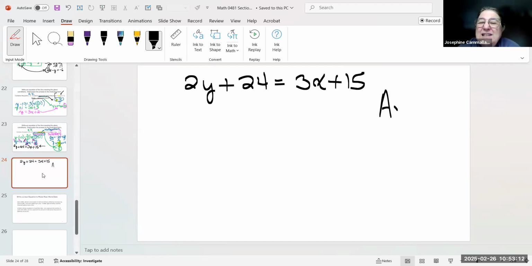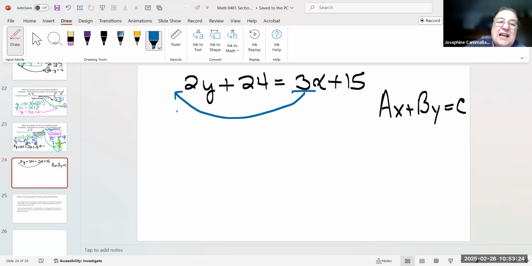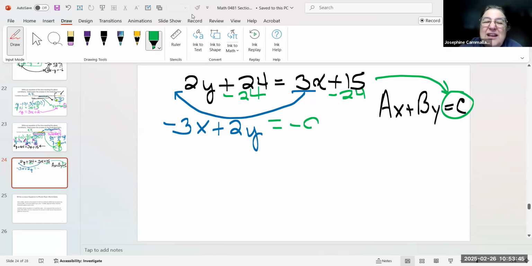I want my answer in ax plus by equals c, which means this has got to come to this side. Negative 3x plus 2y. And then I'm going to subtract 24 from both sides because I am going to get my C, which is a negative 9.